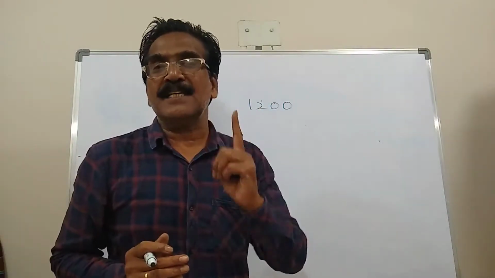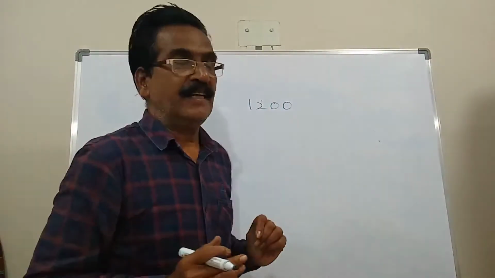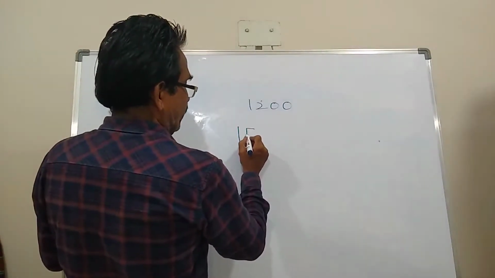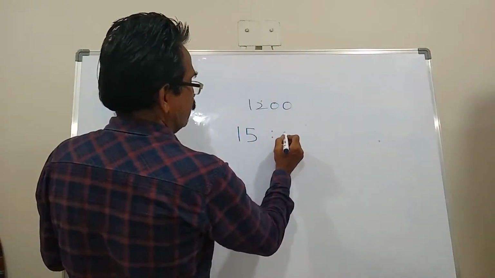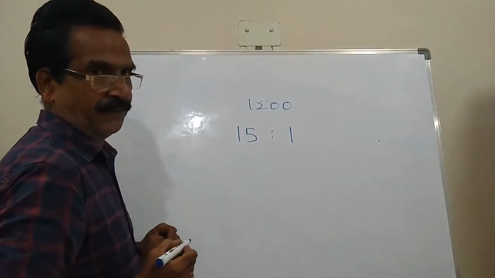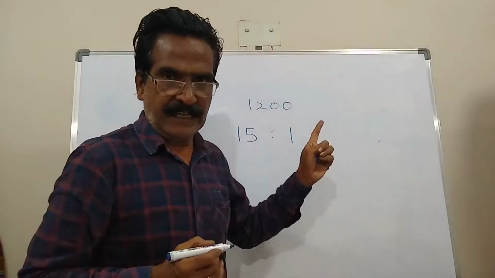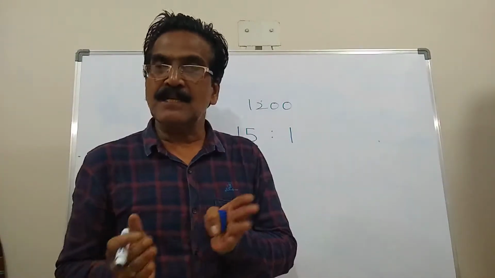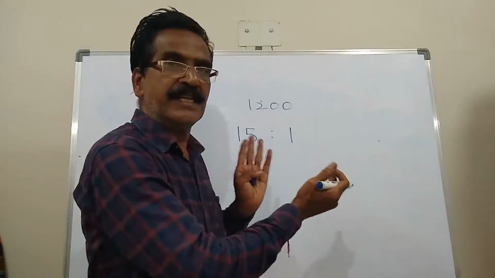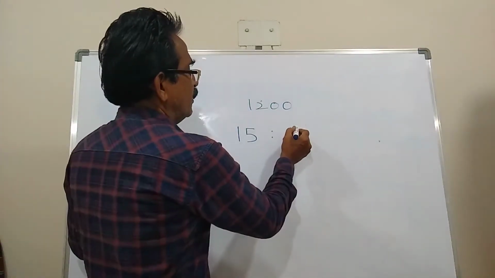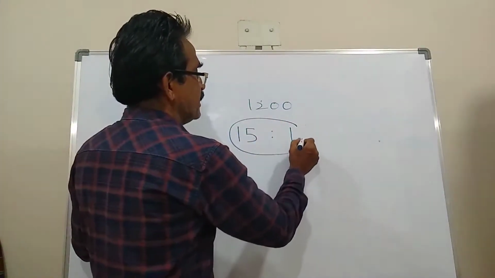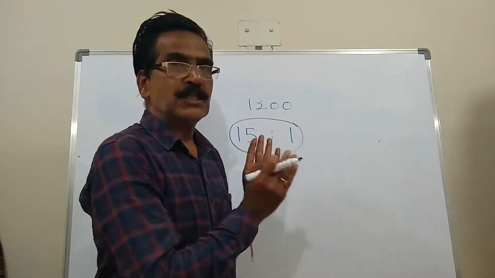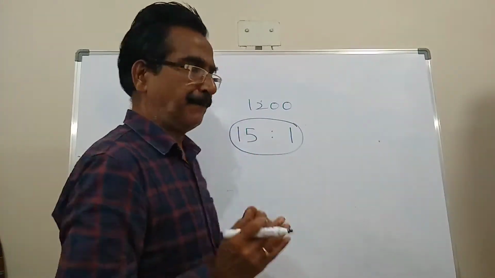How many captains are there in the train? See, for every 15 soldiers, there is one captain. So, soldiers and captains are in the ratio 15:1. So, out of every 16 persons, there are 15 soldiers and one captain.